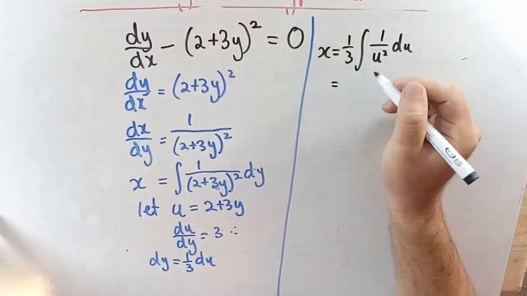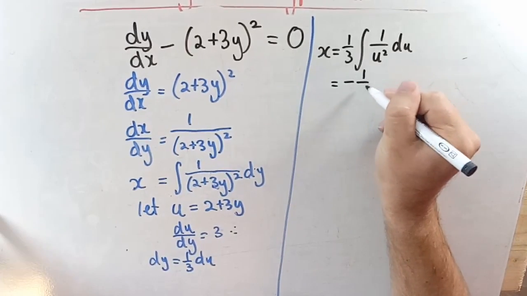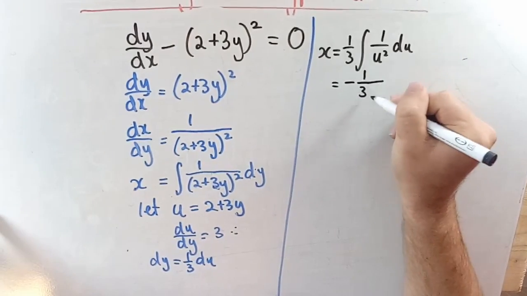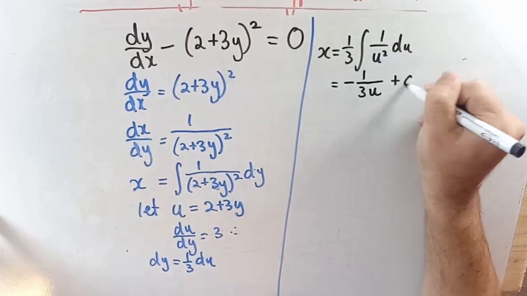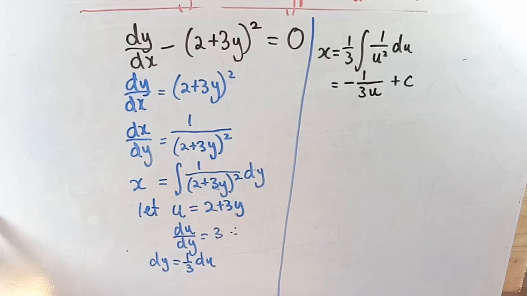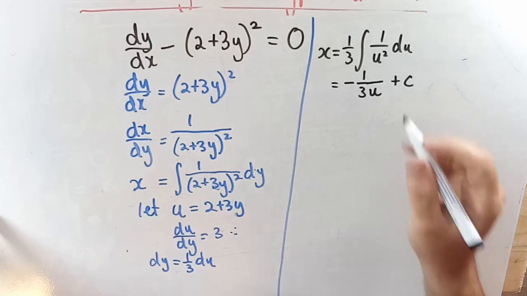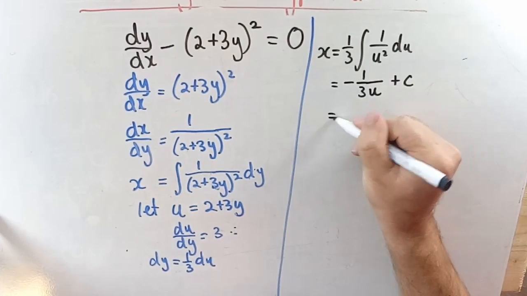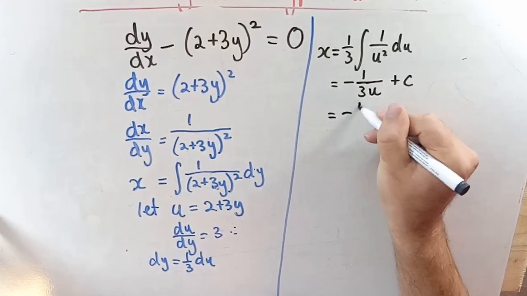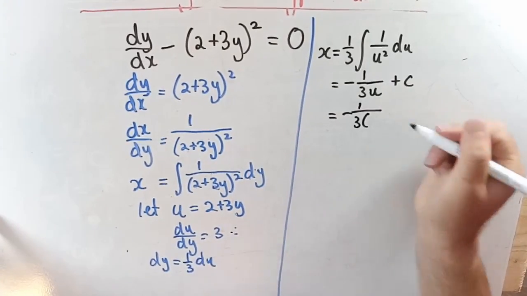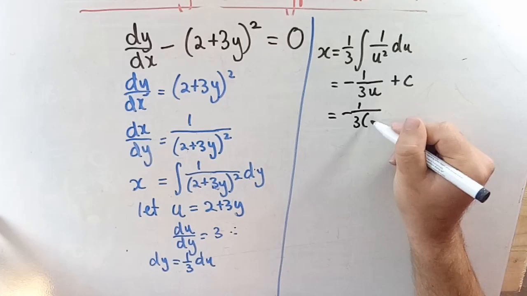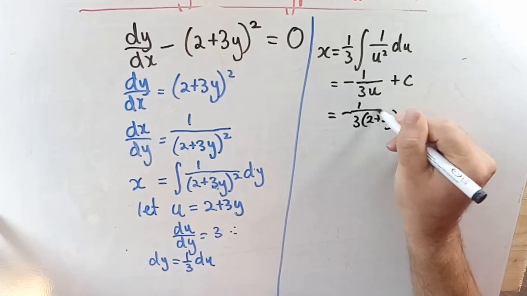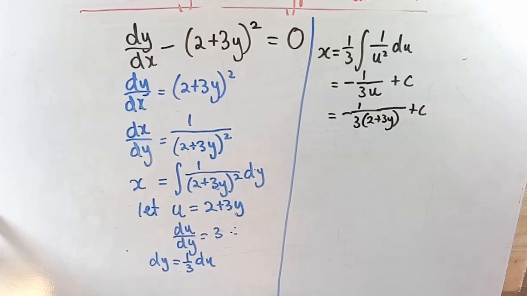Okay, so now that's negative 1/3 of 1 on u plus c. Okay, doing that anti-differentiation there. Okay, we can substitute back in: negative 1 on 3 of (2 plus 3y), plus c.